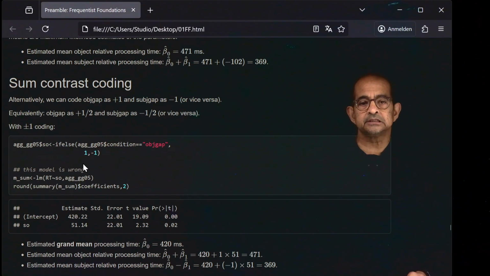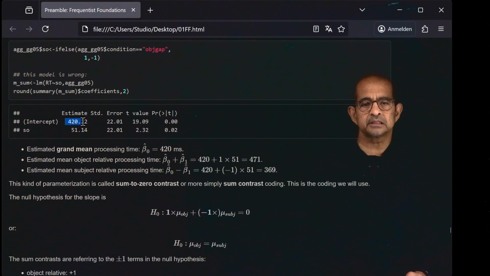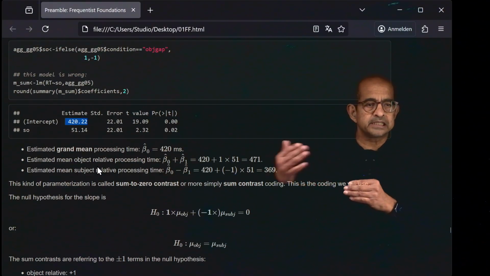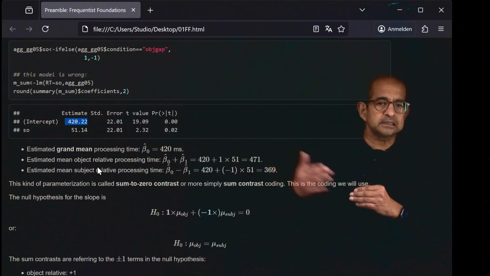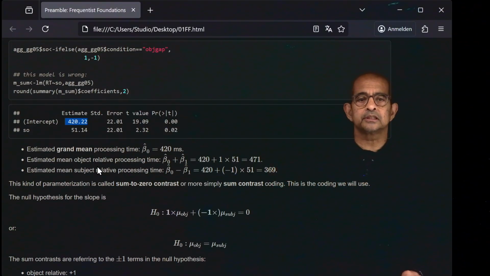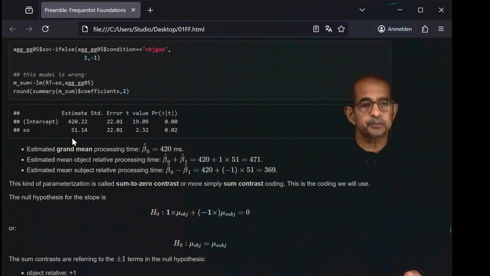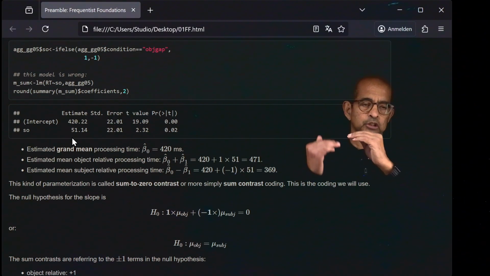And an important change that happens when you use sum contrast coding is that the intercept now represents not one of the condition means, but the grand mean, the mean over both conditions, right? So the grand mean reading time is represented by the intercept, and the slope now represents the change from the grand mean in each of the two conditions.